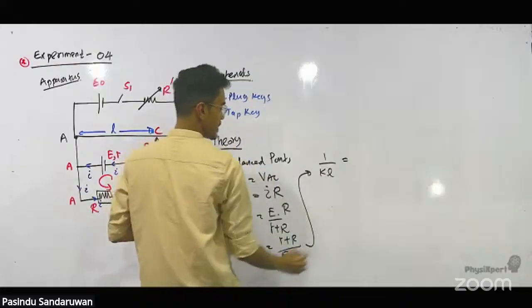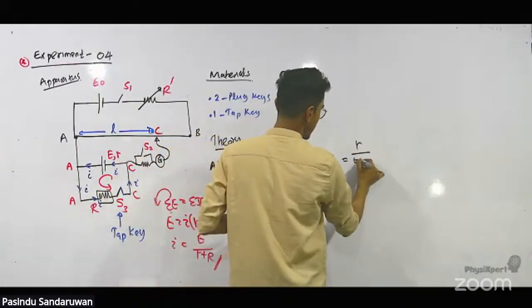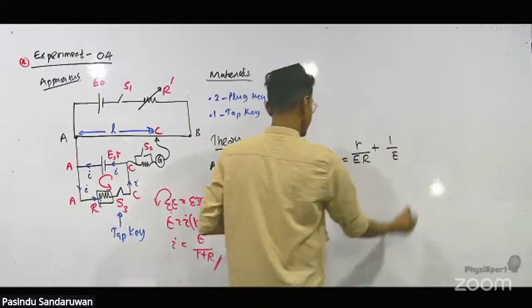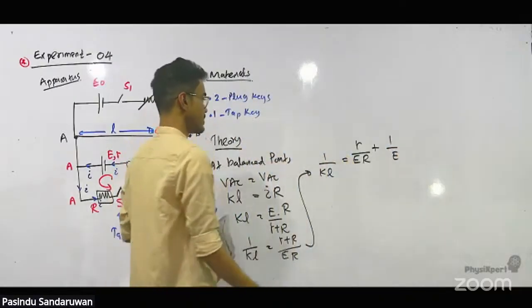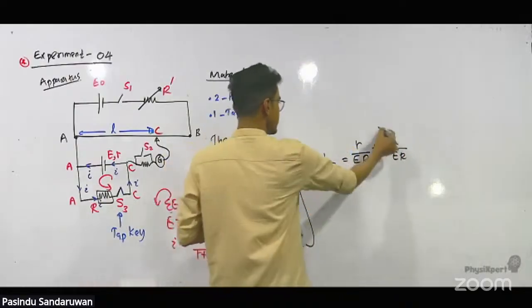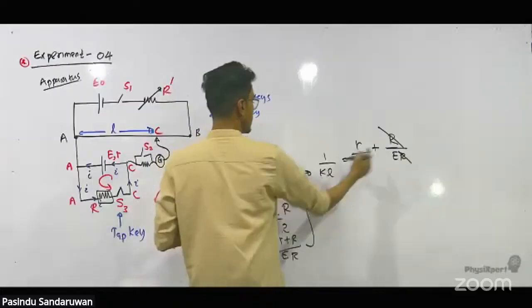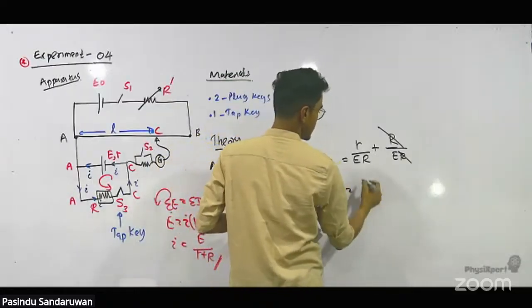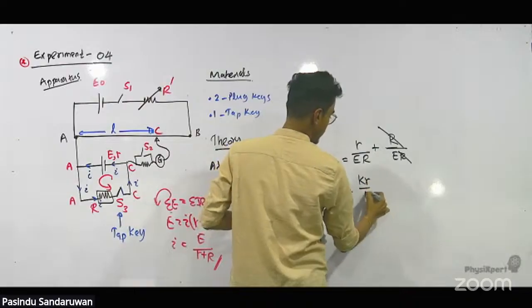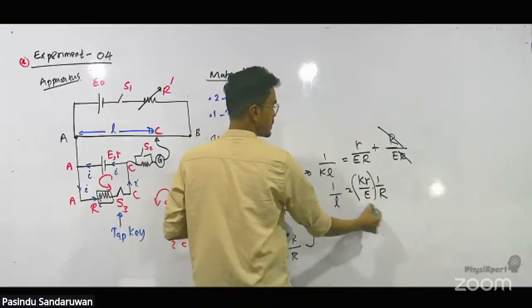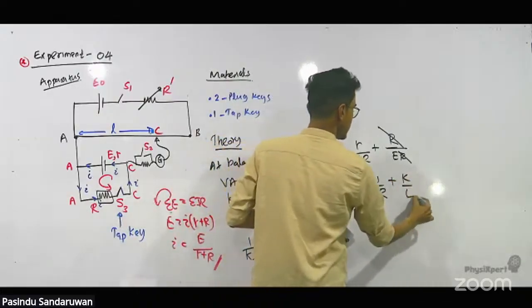If we divide separately, this becomes R over ER and this becomes r over ER. R cancels. Then 1 over L equals (r over ER) times... and K over E, isolating the part with my variable.